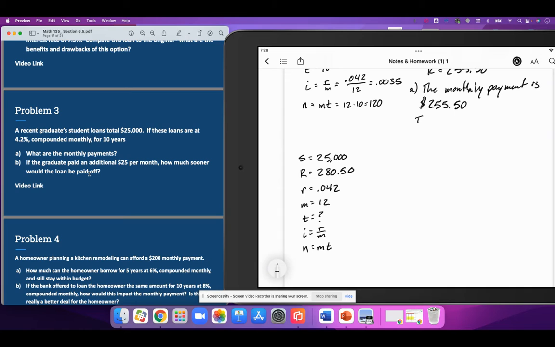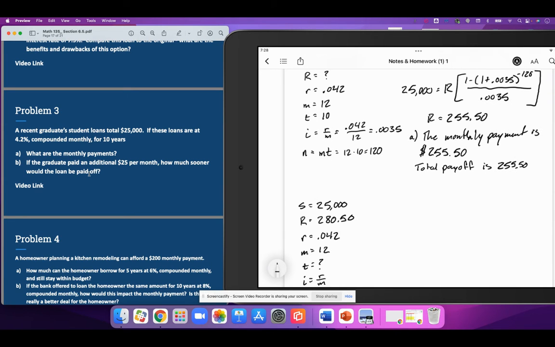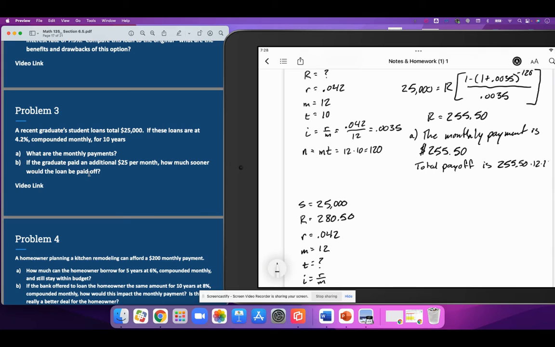So total payoff is 255.50 times 12 times 10. And so I'm going to do that on my calculator here on the side. We got $30,660.